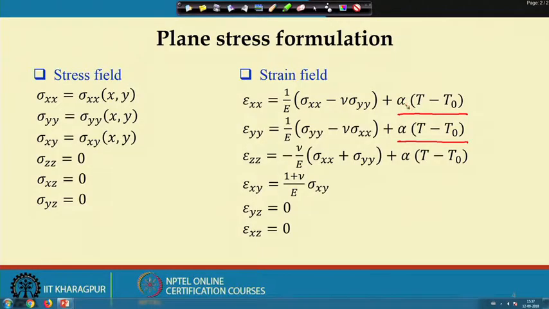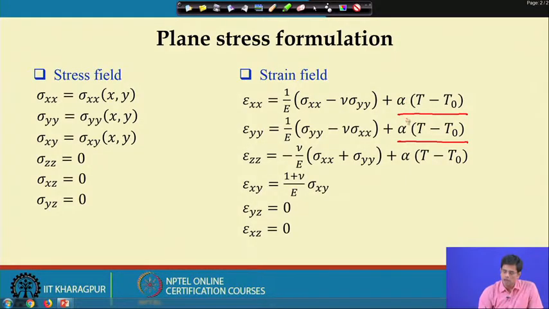Now, in case of an anisotropic body where you probably want to consider the alpha to be different in different directions, these quantities may be alpha x, alpha y and alpha z, which you can consider for the anisotropic body. But since we are mainly interested here in the isotropic body, the alpha is actually constant.